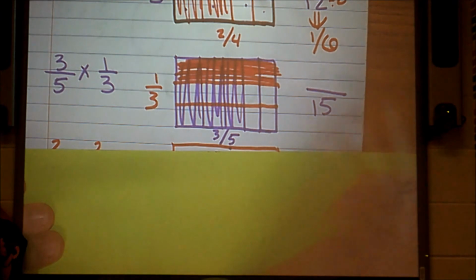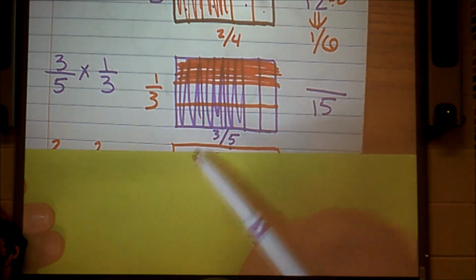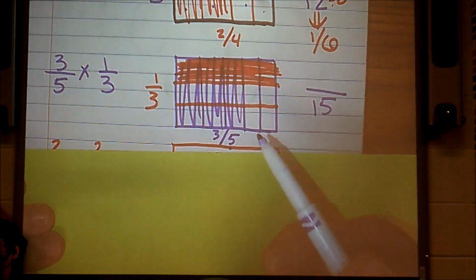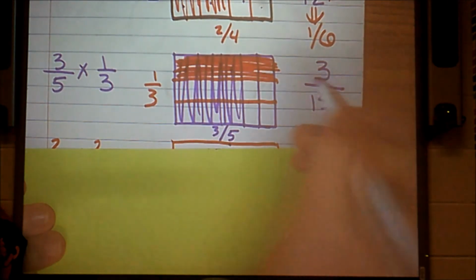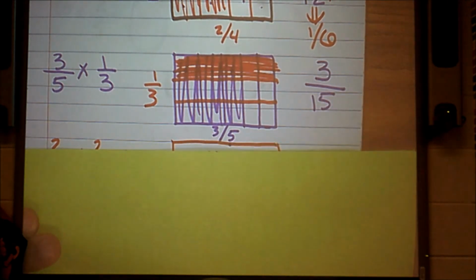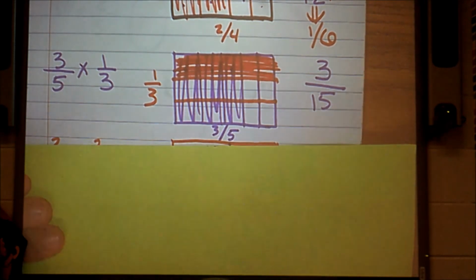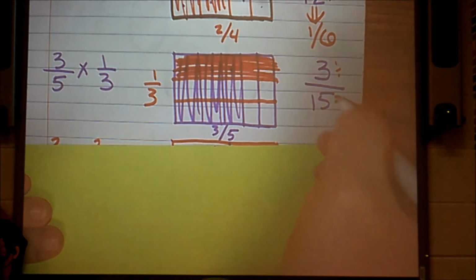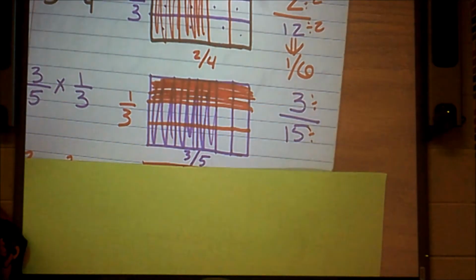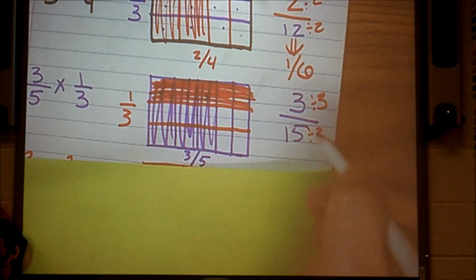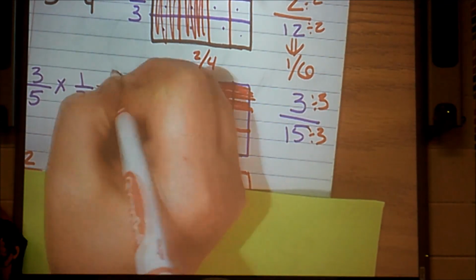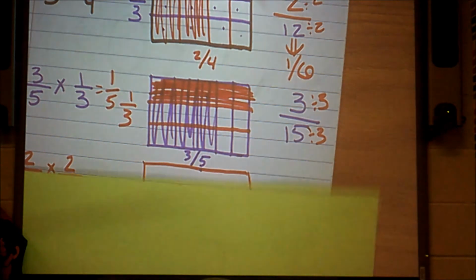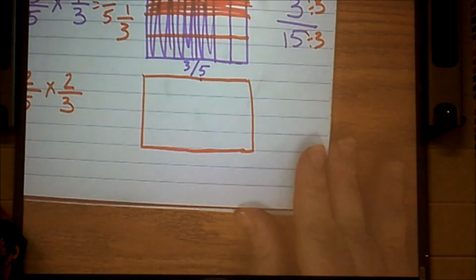And then my number of pieces that are both purple and red: 1, 2, 3 is 3. And then I can simplify that by dividing both numerator and denominator by 3 and getting 1/5 as my final answer.